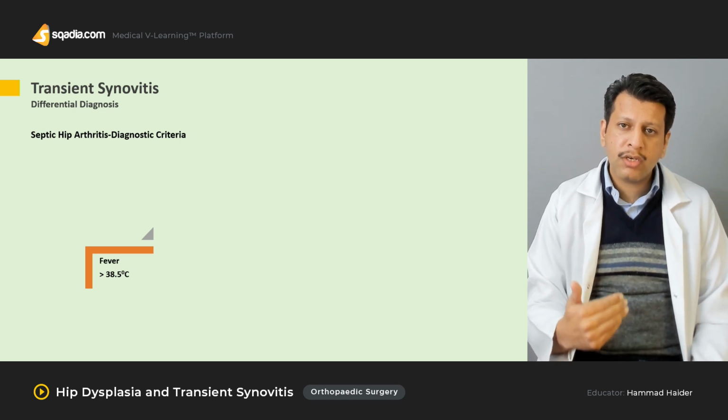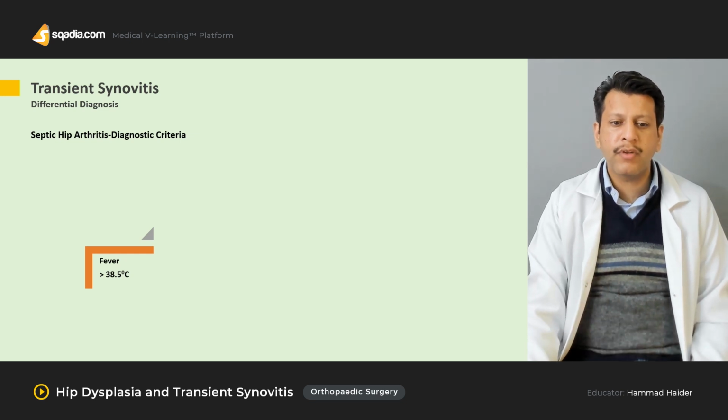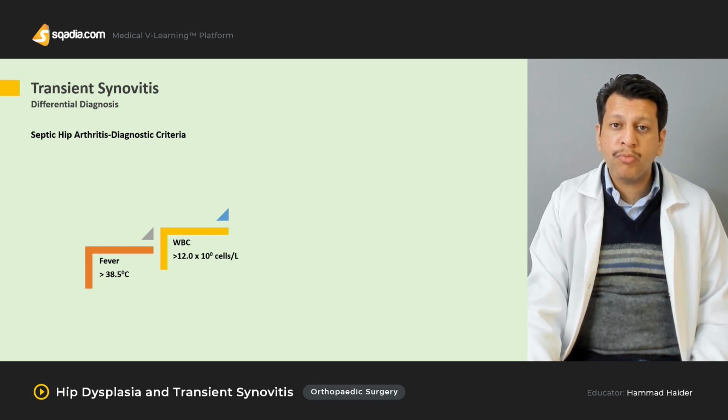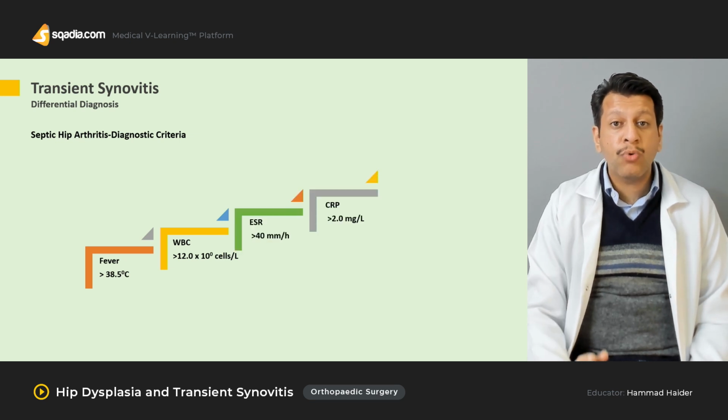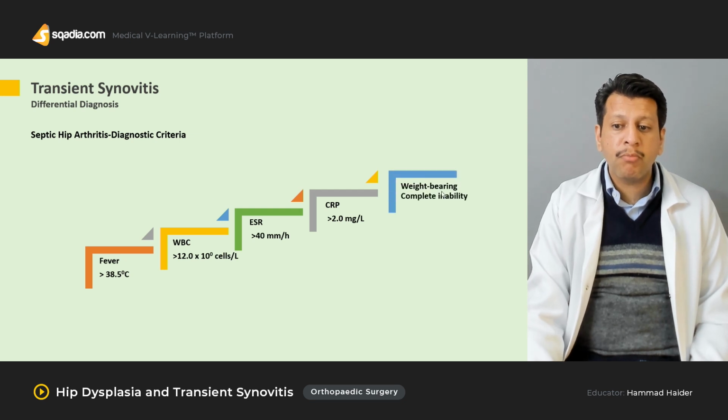Usually with transient synovitis of the hip, there is either no fever or very low grade fever. Then the WBC count on the blood CP could be more than 12,000 per liter. Then ESR more than 40, CRP more than 2, and inability to weight bear.